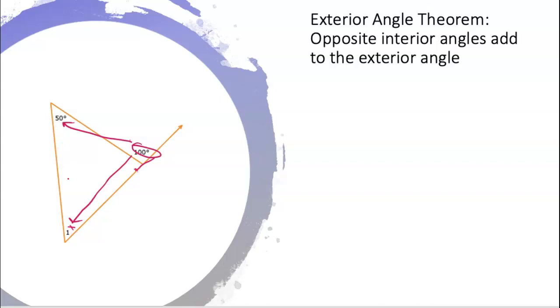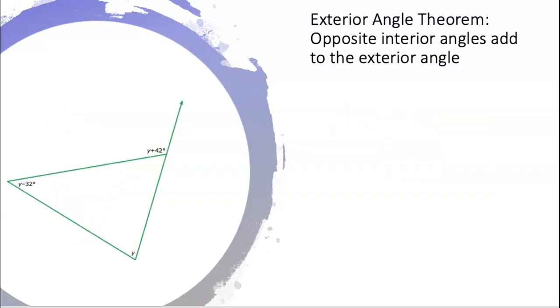So if I add 50 and x, I would get 100 because they add up to make the outside. Well, I'm solving for x, I'm going to subtract 50 from both sides. So that means that x equals 50, or they named it angle 1 equals 50 degrees.